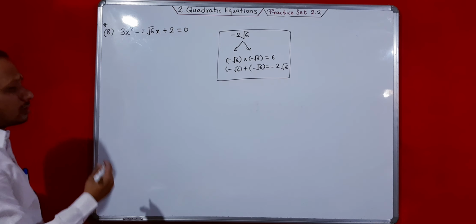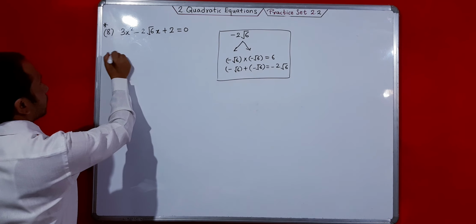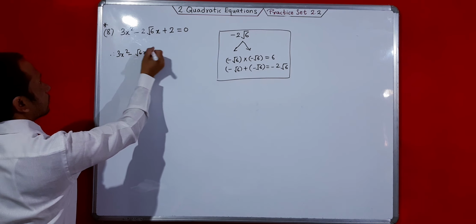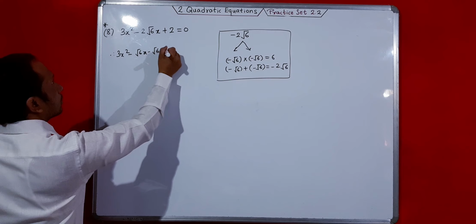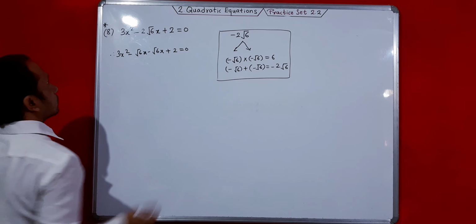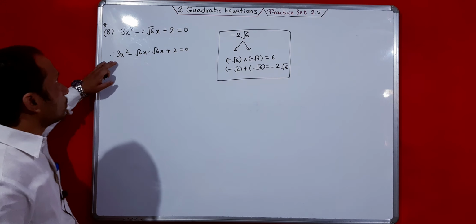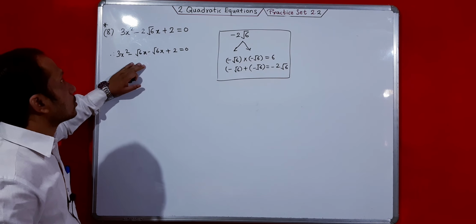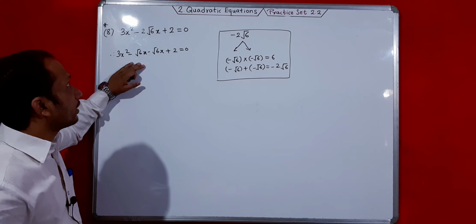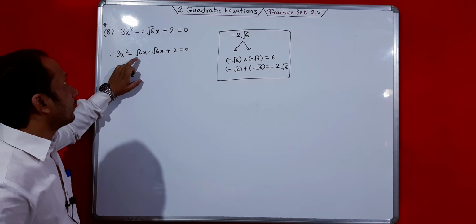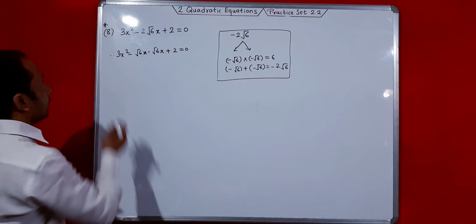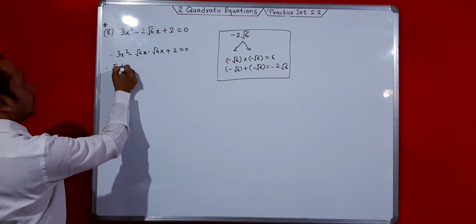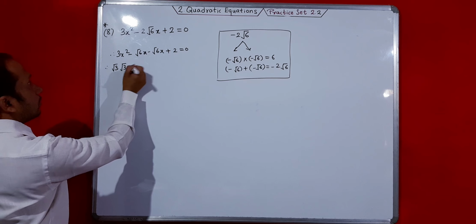We can solve this in a different way, but we take these factors only. 3x square minus root 6x minus root 6x plus 2 is equal to 0. Now this 3x square is root 3 into root 3x square.